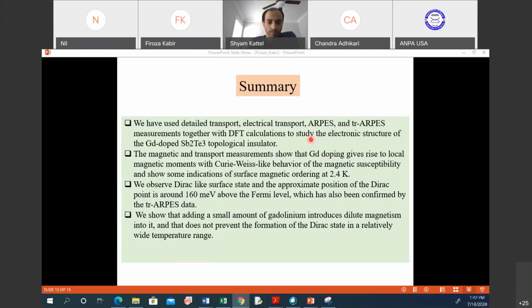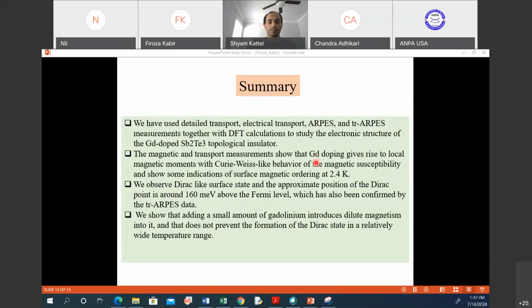Our magnetic and transport measurements show Gd doping to have local magnetic moments with Curie-like behavior of the magnetic susceptibility, and show some indication of surface magnetic ordering at around 2.4 Kelvin. We observe Dirac-like features, and the position of the Dirac-like feature is around 160 meV above the Fermi level, which has also been confirmed by the time-resolved ARPES.